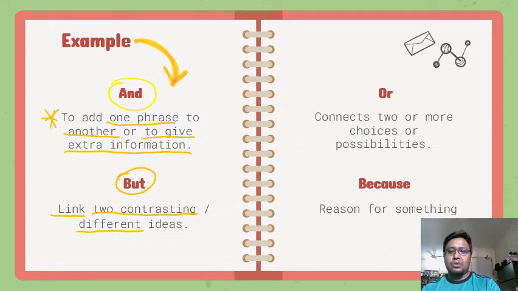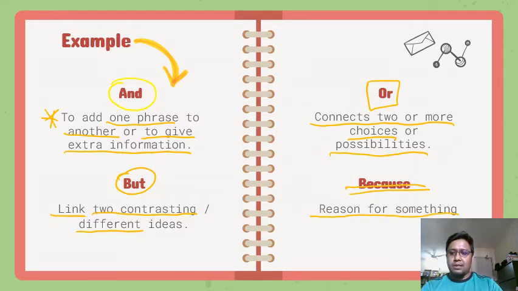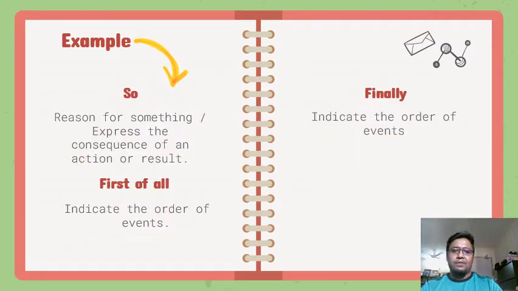The third one is or. Or is used to connect two or more choices or possibilities. What are choices? What are possibilities? We will discuss later. The fourth one is because. Because is used to give a reason about something. The next one is so.